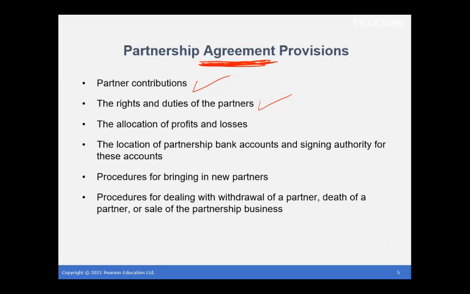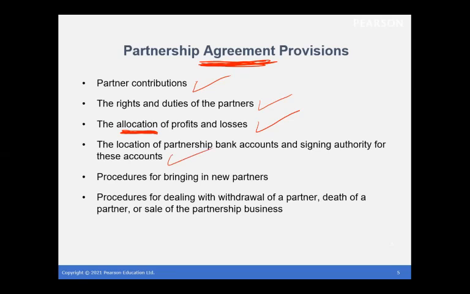We have to define the allocation of the profits and the losses. Right? What's the split? Is it a 50-50 split, 60-40, 3 partners, and it's 33 and a third, 33 and a third, 33 and a third. How's it split up? These things would all be laid out in a formal partnership agreement.